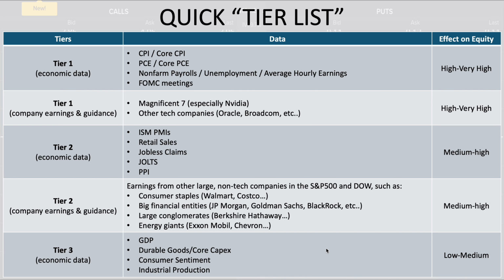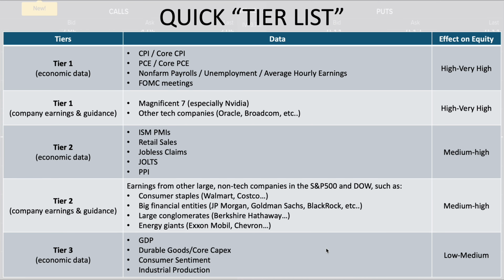Not as important, economic data, which is tier 2, the ISM PMIs, the retail sales, the jobless claims, which is also employment related, but it's not as important as the non-farm payrolls and employment and the average hourly earnings. Also, the JOLTS and the PPI.